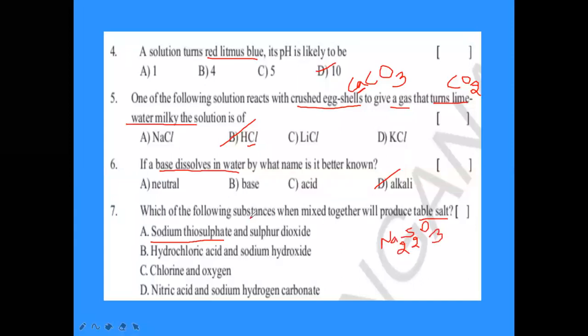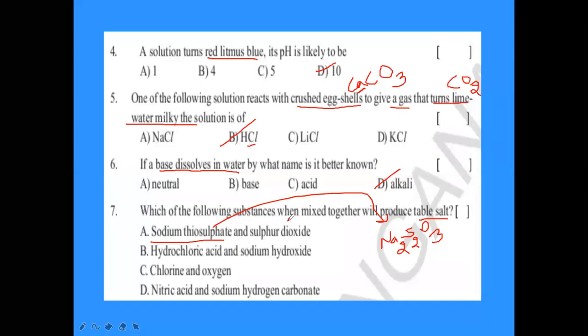Sodium thiosulfate, hypo. The sodium thiosulfate formula is Na2S2O3. What is sodium sulfate? Only sulfate, Na2SO4, we know. Na2SO4 is sodium sulfate. But Na2S2O3 is sodium thiosulfate.